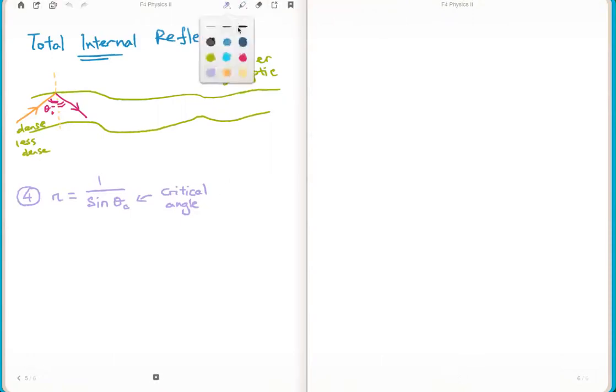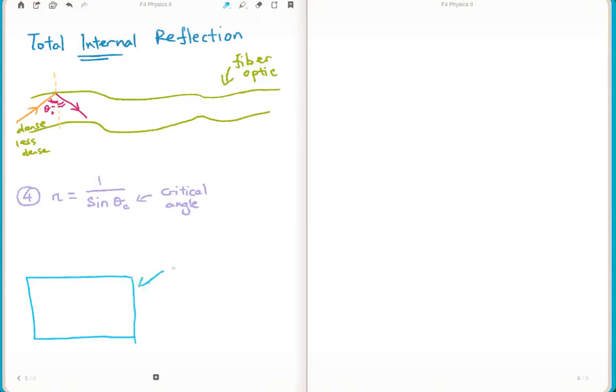Here, you have a block. I have a glass block. This is glass. It's in 3D, okay, glass block in three dimensions. Maybe I draw it, extend it.